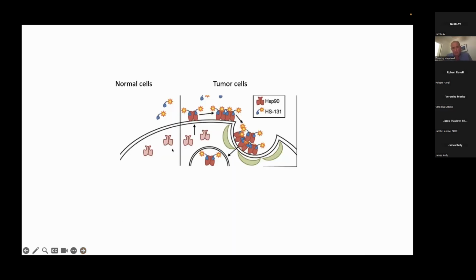We published this, and our hypothesis is that normal cells don't express the surface form of HSP90, which we refer to as ectopic or eHSP90, because we think it's on the surface. And we think that when you bind the drugs with the tethers on them, some form of aggregates form, and they get internalized.